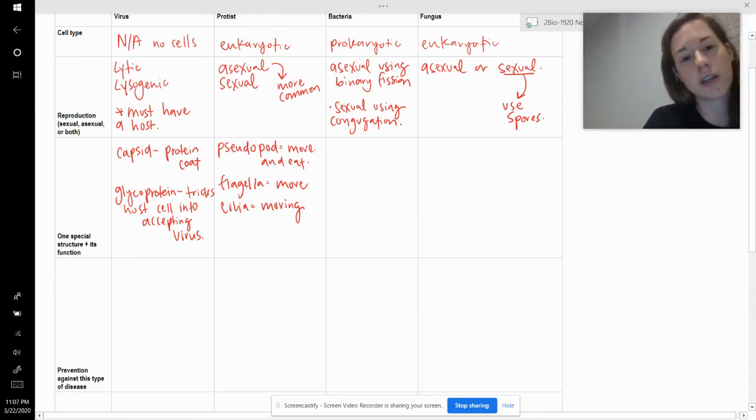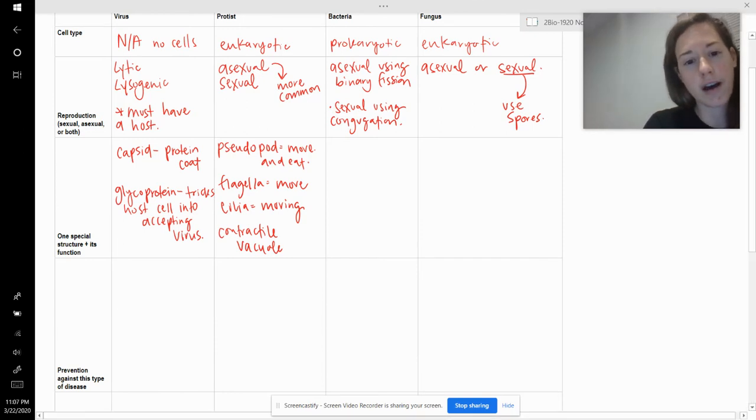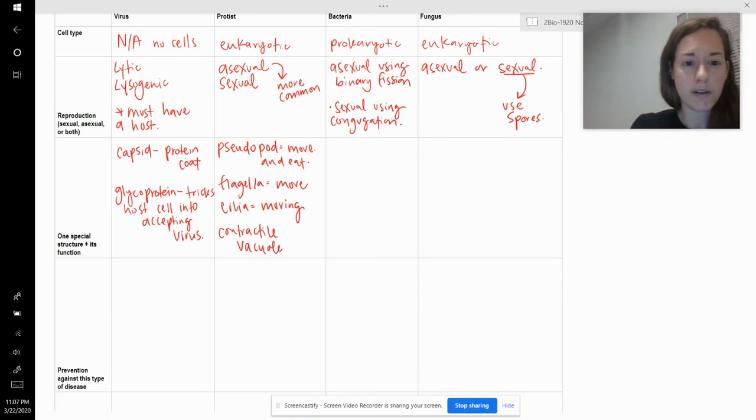You also could have contractile vacuole, which is for removing extra water. And there were a few other ones in the video from last week. You could have had oral groove, which is like a mouth. You could have gullet, which connects to the food vacuole. You could have food vacuole. There are many that you could have for that one.